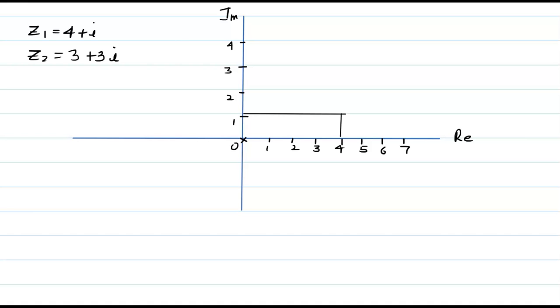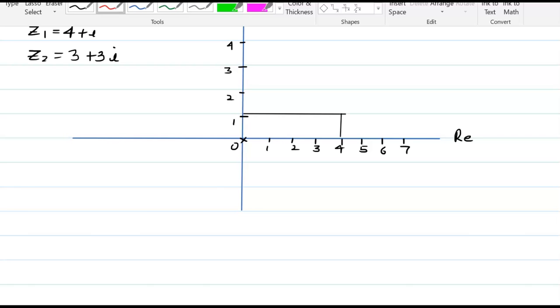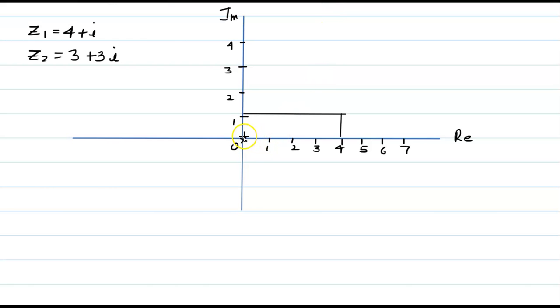If we draw a diagonal line from here, like this, this represents z1. Suppose this is O or 0 and this is point A. So OA represents z1: 4 steps on the real part and 1 step on the imaginary part in the positive direction. Next one is 3 plus 3i.